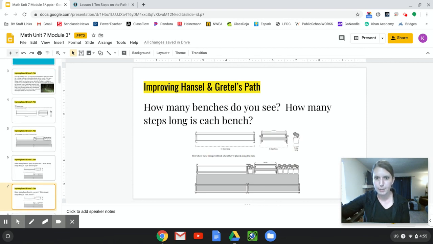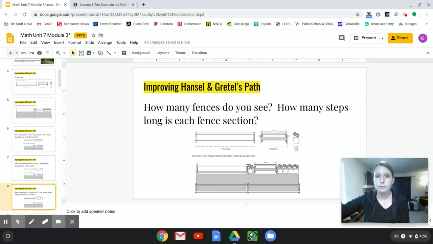Now let's talk about the bench in this picture. Here's the bench. The bench is 5 steps long. So if you think about it, on this half, we have 5 flower pots and 1 bench. So that's 5, and the flower pots equal 5 also. So just keep that in mind. And the fence.